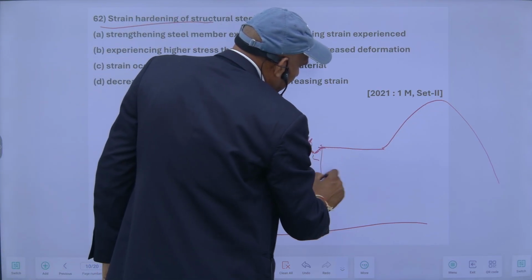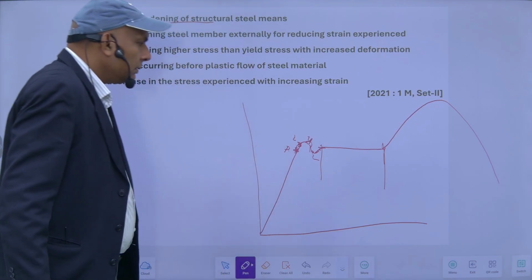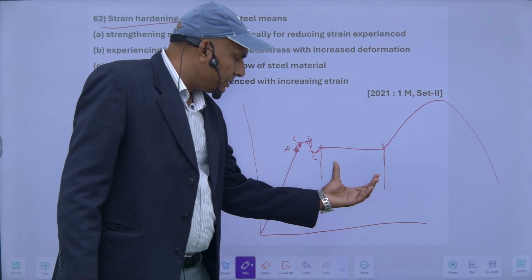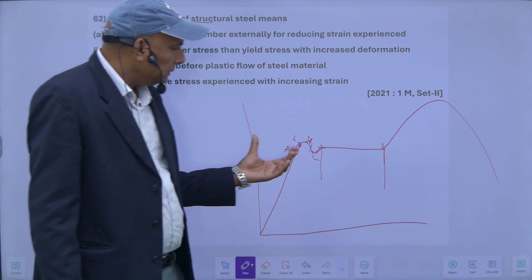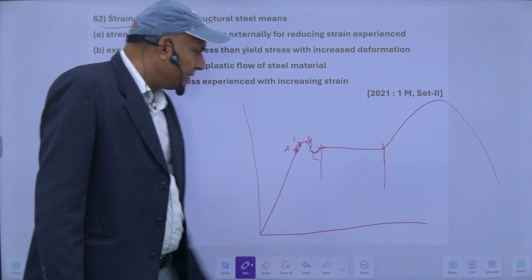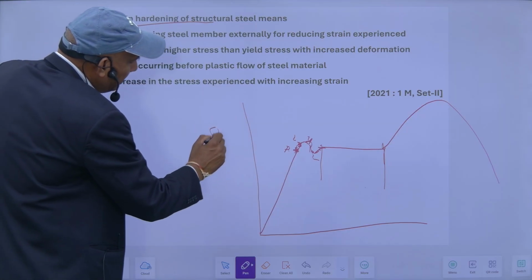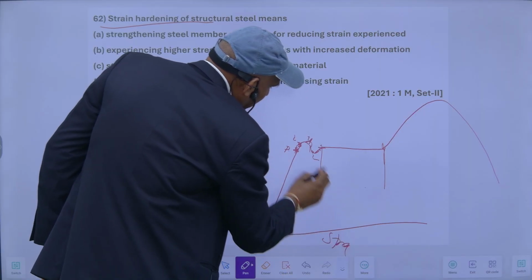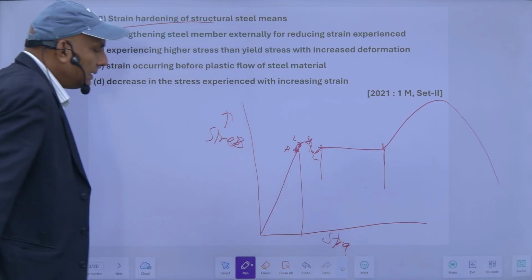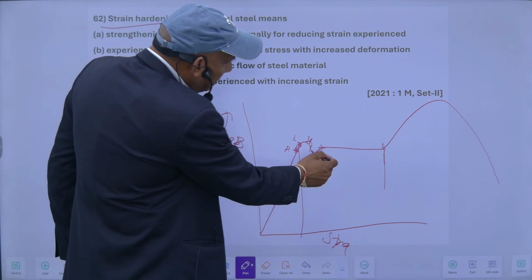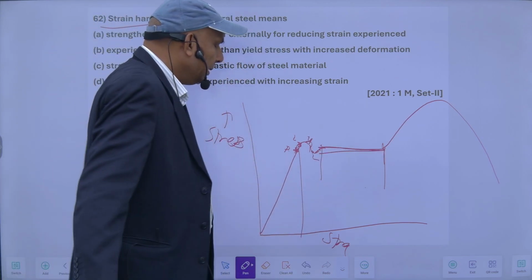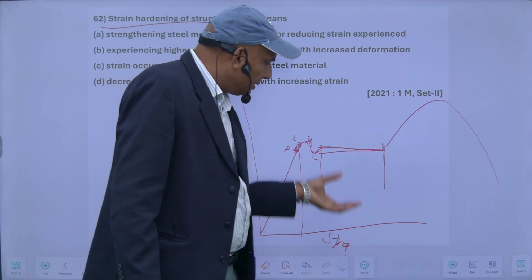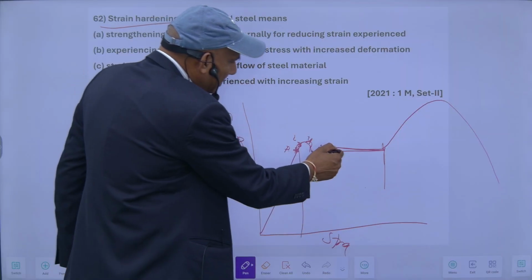So this is a case of permanent deformation, plastic deformation you can say, without increasing the load. This is my stress and this is the strain. This point is the elastic zone, and from there on there will be an increase in the strain without further increase in the stress.